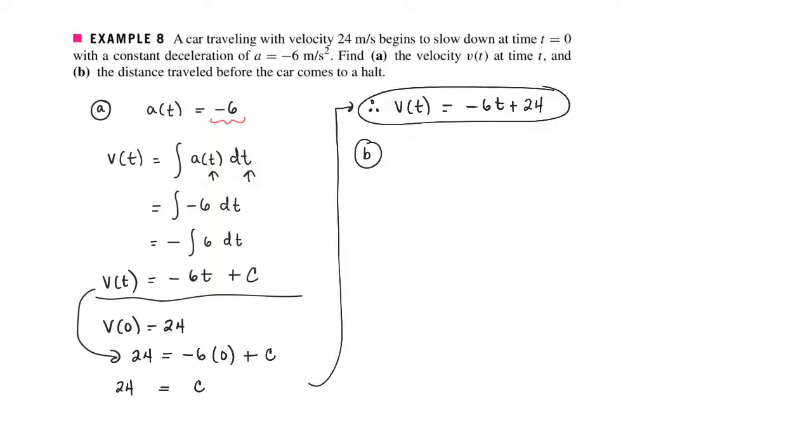In part B, they're now asking me for the distance, so I have to go another step backwards. I remember in this case that distance, or if you want, let's keep using s of t.